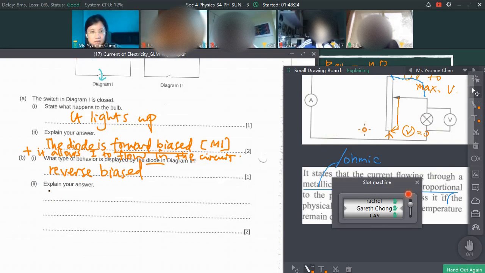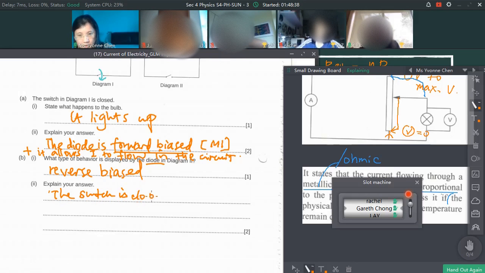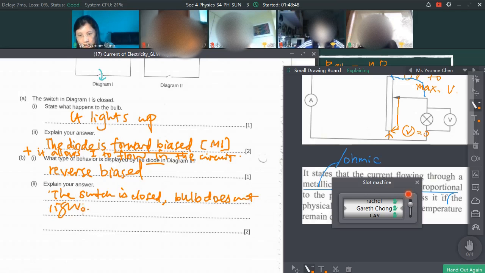Okay, explain your answer when the switch is closed. When the switch is closed, the bulb does not light up. Okay, this is one mark.